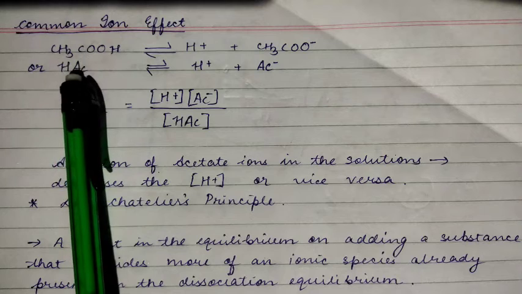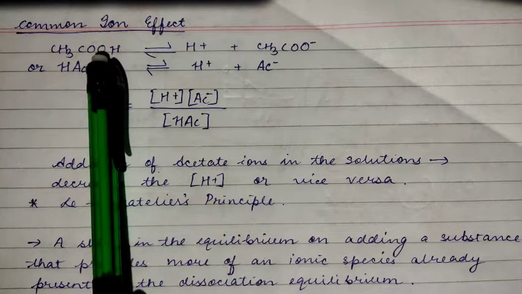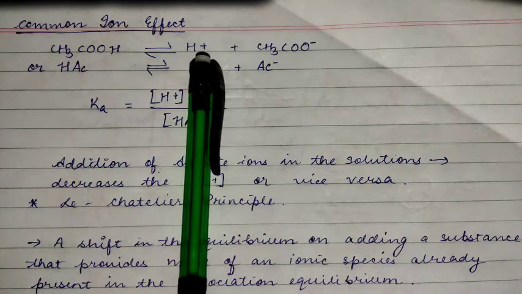CH3COO negative is the acetate ion, this is the acetic acid, this is the hydrogen or the proton.